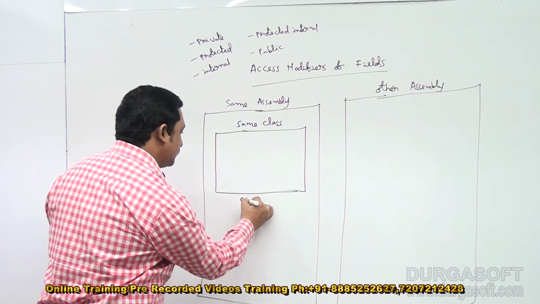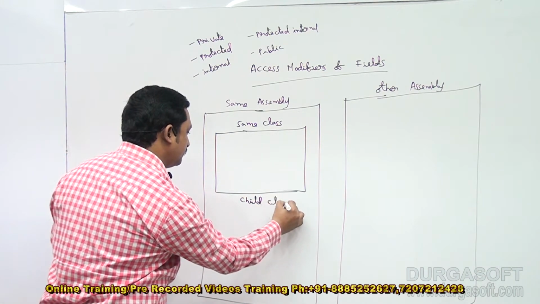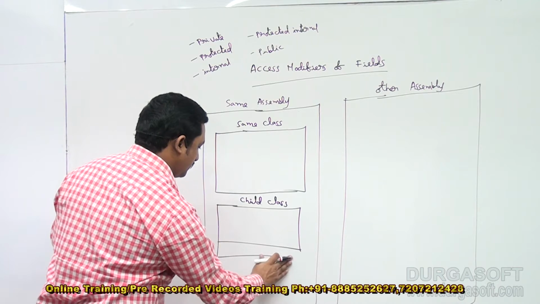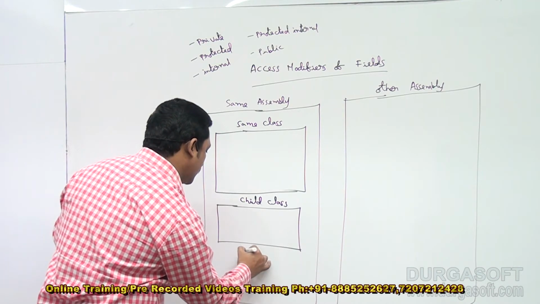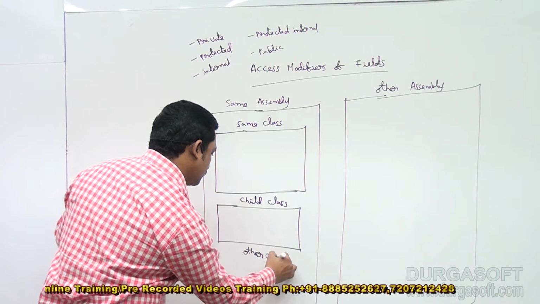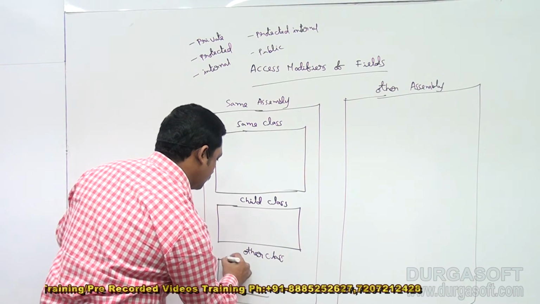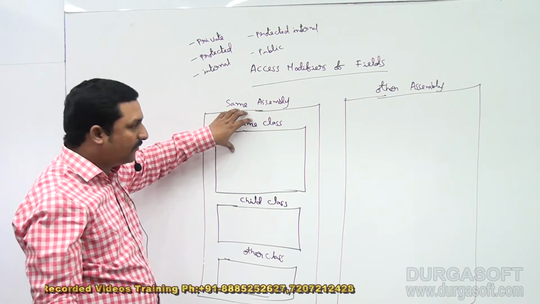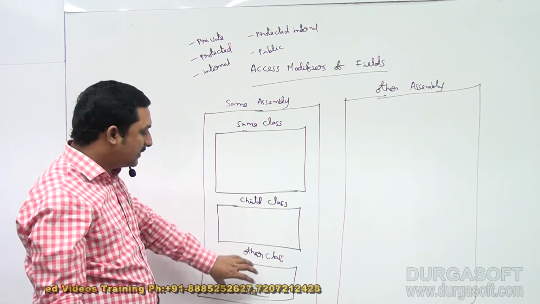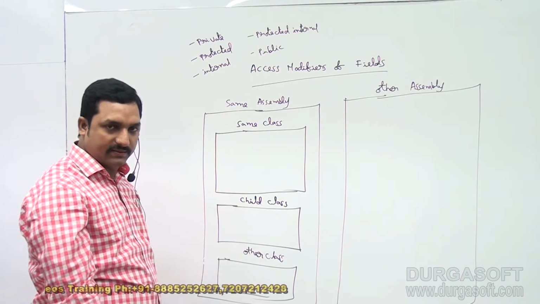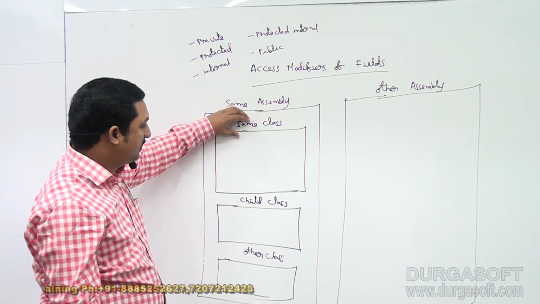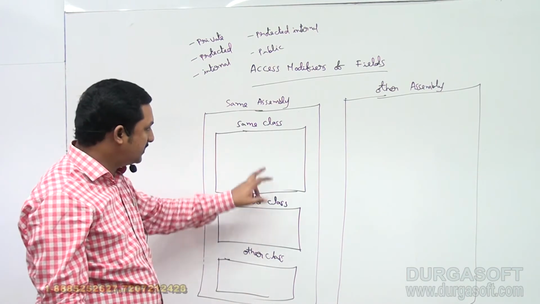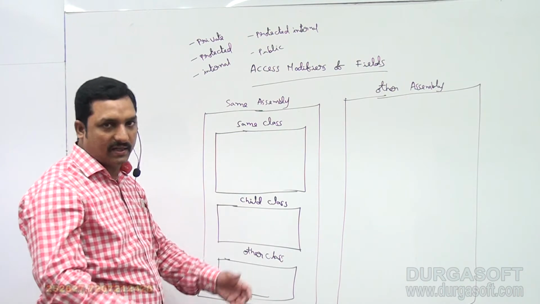A child class. And also we have another class. So, this is the same class. For this class, this is the child. Other class means not a child, just a different class. This is the parent, this one is a child. But this is not a child of this same class. This is just a different class.